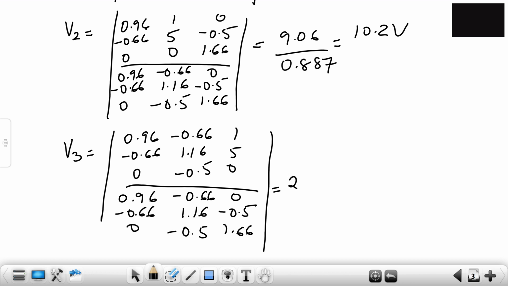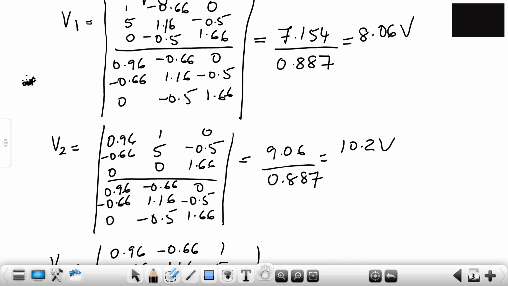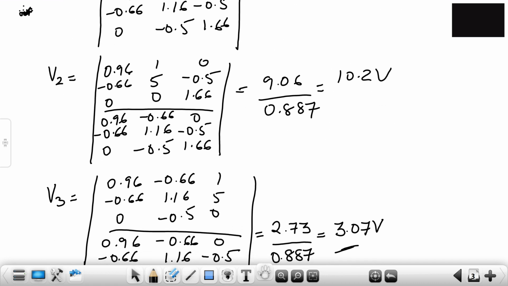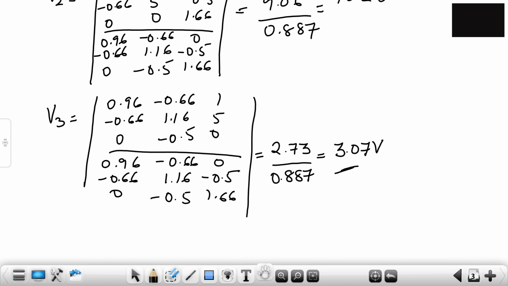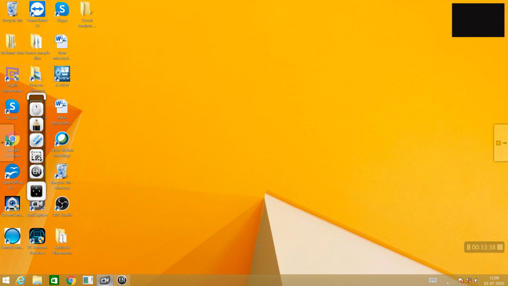So V3 will be... finally we have got V1 voltage as 8 volts, V2 voltage as 10.2 volts, and V3 voltage as 3.07 volts. In the next session, I will be teaching you all nodal analysis by the inspection method.